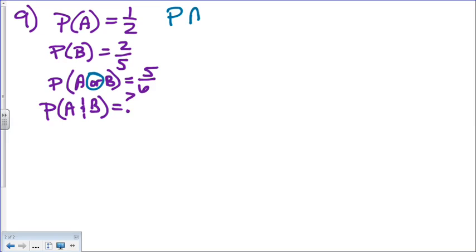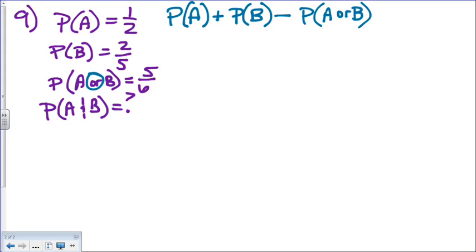So the probability of event A plus the probability of event B, and we subtract the overlap from the two events, which is the probability of A and B, equals the probability of A or B. Remember, the word or is a synonym in probability to add together the probabilities, and then if there's any overlap, make sure you subtract that.